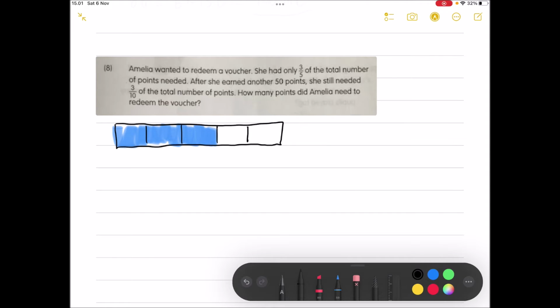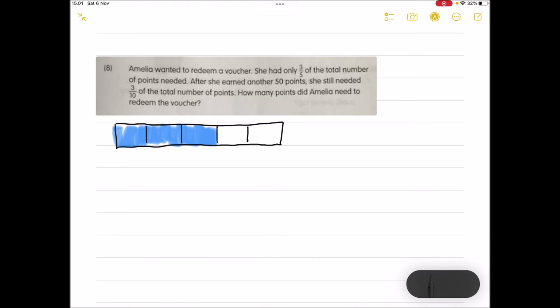Now, how can we show 3/10 from the white part here? The number is quite easy because right now it is divided into 5 and I only have 3. 3/10 is the same. But remember, the amount that she needs for the voucher does not change, so the box has to stay. How can I add more boxes if I cannot make another box?